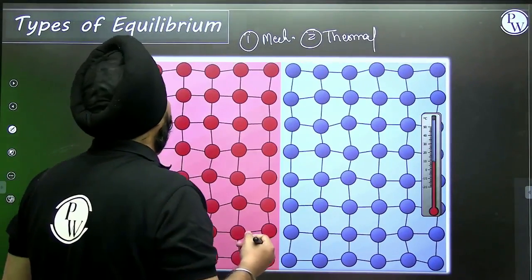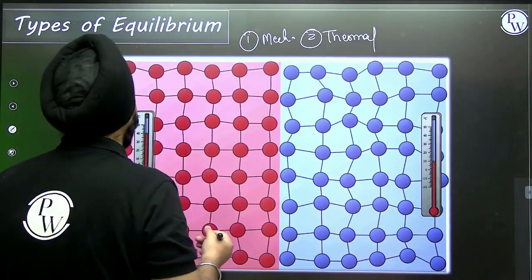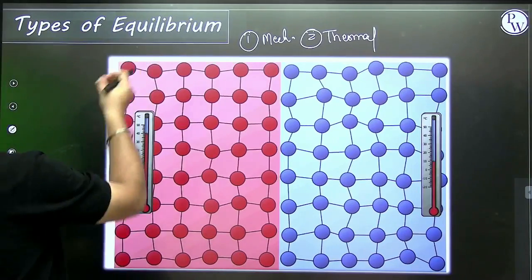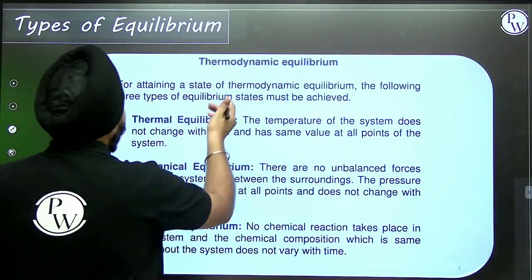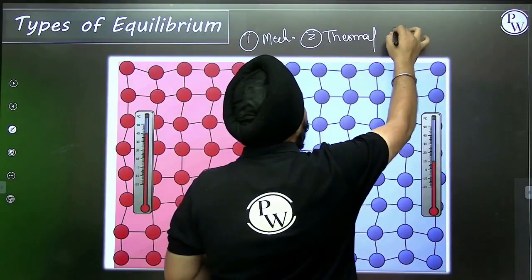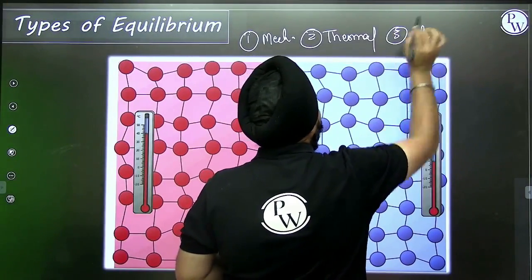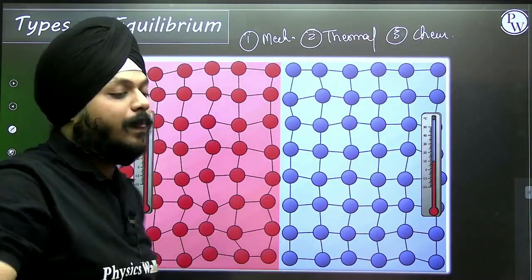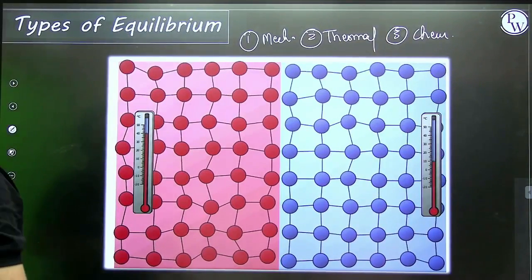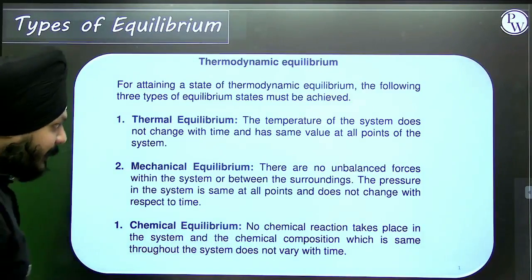The first one is mechanical equilibrium. The second one is thermal equilibrium. The third is chemical equilibrium. So how many types of equilibrium are there?